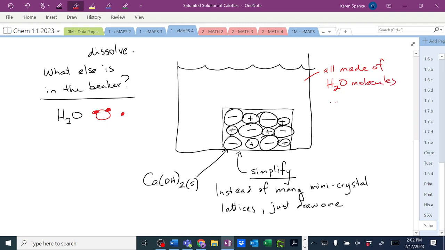There are too many to draw. If you want to draw a few, feel free. But just understand that there's not random water molecules just floating around. The entire thing would be coated in water molecules.